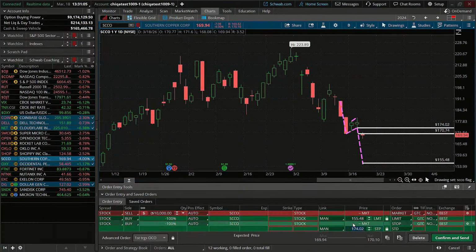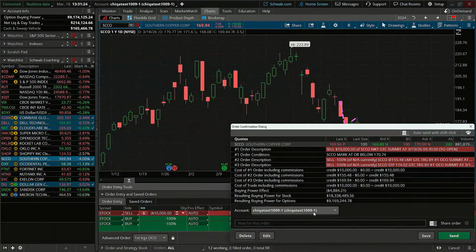That's going to trigger off of the last traded price and become a market order. So any questions over that time conditional there? I'm going to keep an eye on the chat, but I'm going to go and look to send this order here and place this in our price patterns class.